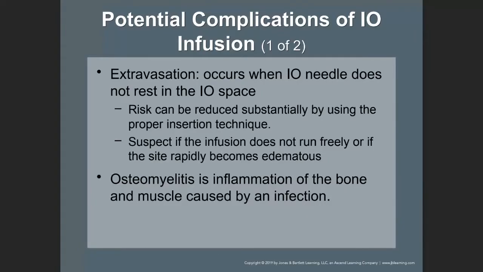Now, potential complications of IO infusion. Extravasation occurs when an IO needle does not rest in the IO space. Risk can be reduced substantially by using the proper insertion technique. Suspect it if the infusion does not run freely, if the site rapidly becomes edematous, or there is swelling.